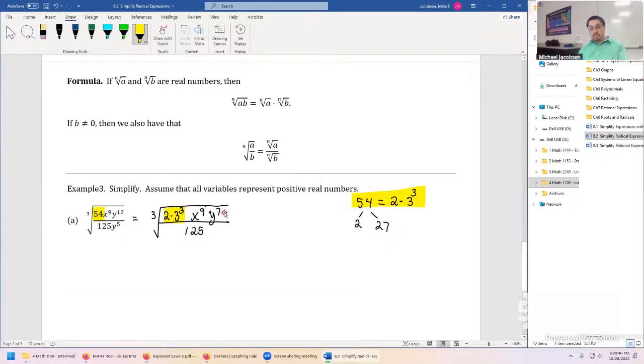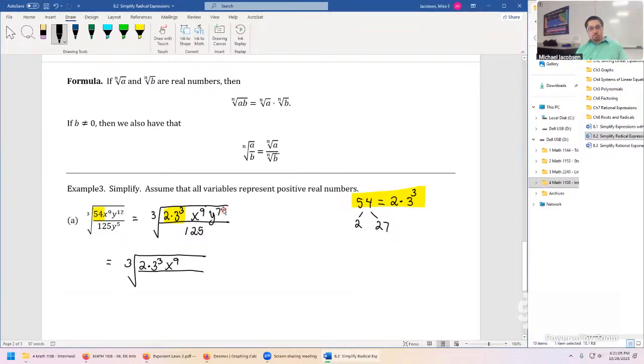But this y to the power 7 is also a nuisance. We want to factor this one down so that we can get the perfect cube part and then the stuff left behind. So one more step to organize. This is a cube root of 2 times 3 to the power 3, x to the power 9, and y to the power 7.